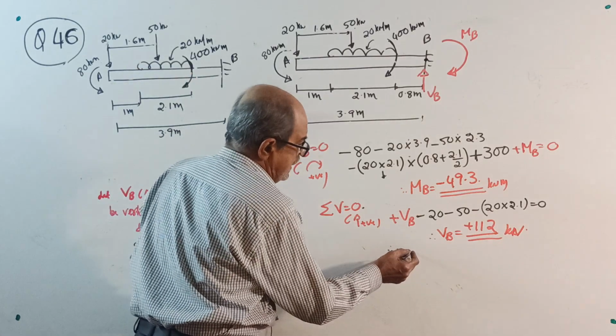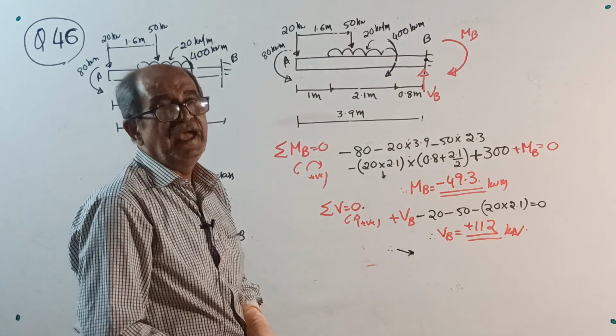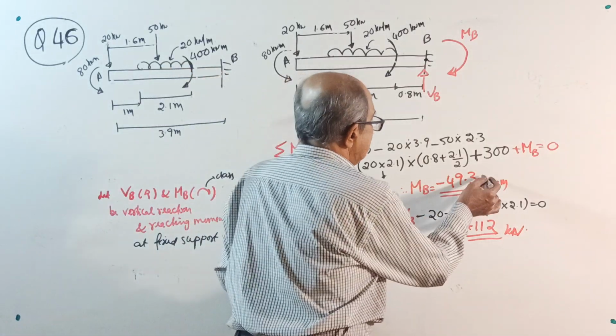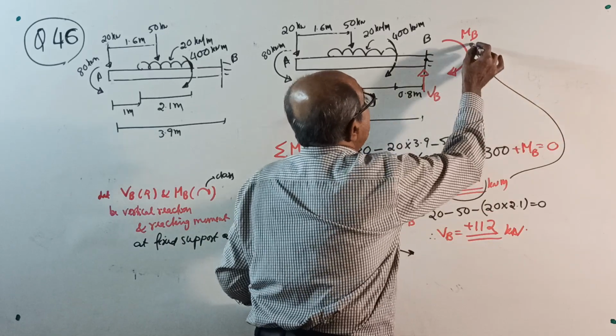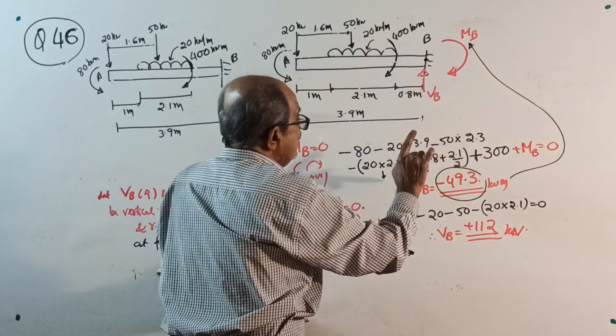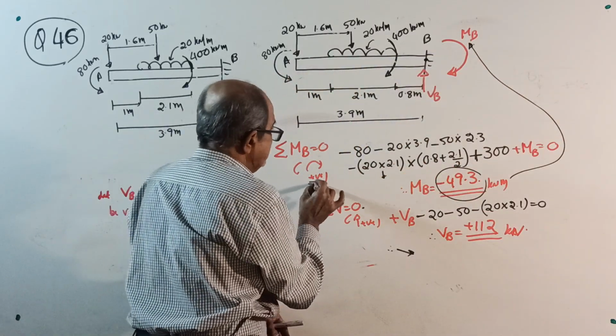Now write. Therefore, those who want to make a note, we got MB negative. That means this negative sign is directly connected with the direction we assumed here. It has nothing to do with the sign convention.